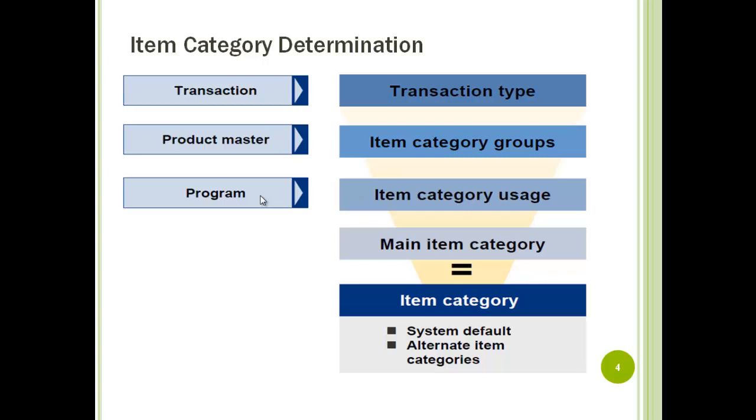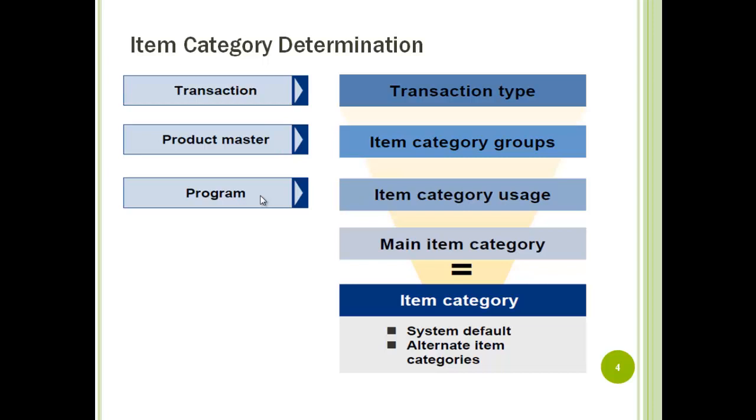Now let's look into item category determination. Item categories are copied automatically to the transaction item using item category determination and can be overwritten in the transaction item. This should be set in customizing.